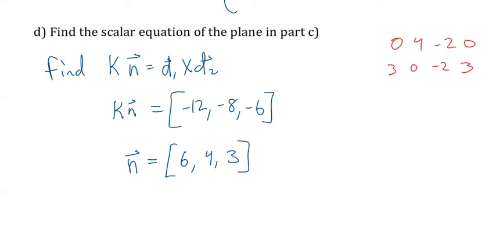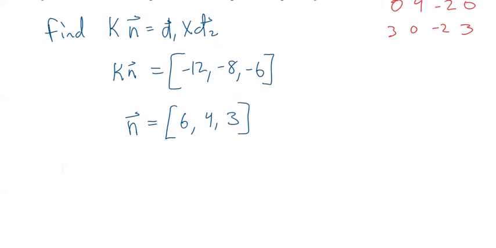What comes next? What's the constant, Seema? No, not necessarily. Good idea, because it is in other, like in y equals mx plus b, but not in standard form, not in the scalar equation. We don't know what the constant is. So we're going to have to call it d.